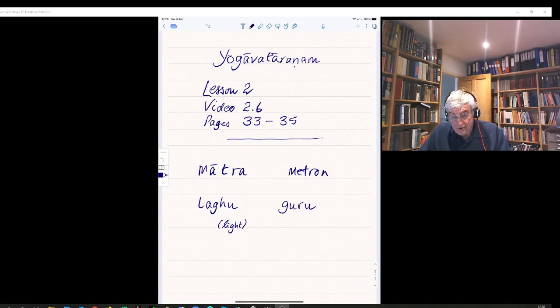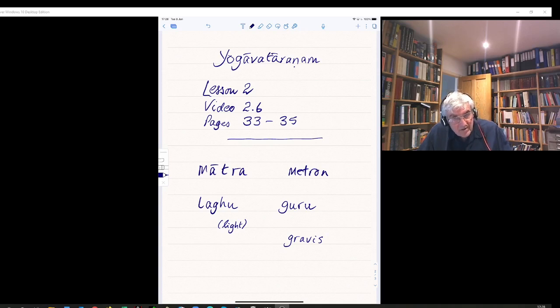And in fact, the original meaning is heavy, but then heavy and by extension kind of important, ponderous. So guru is meaning heavy. It's cognate with the Latin word gravis, meaning heavy. And in modern English, we can talk about a person having gravitas, a person who commands respect by his dignified behavior.